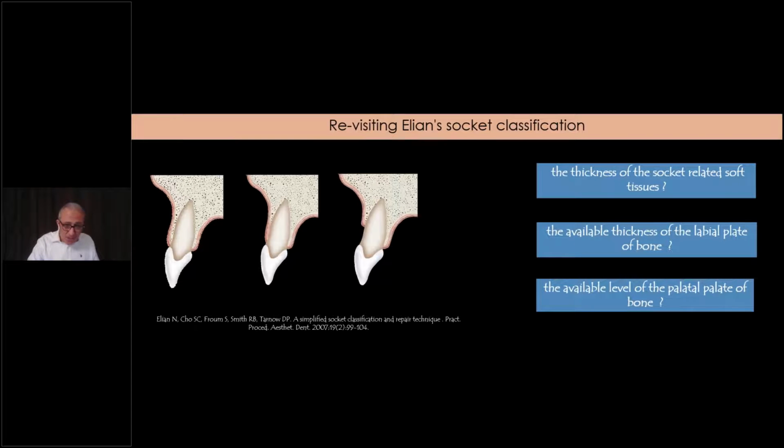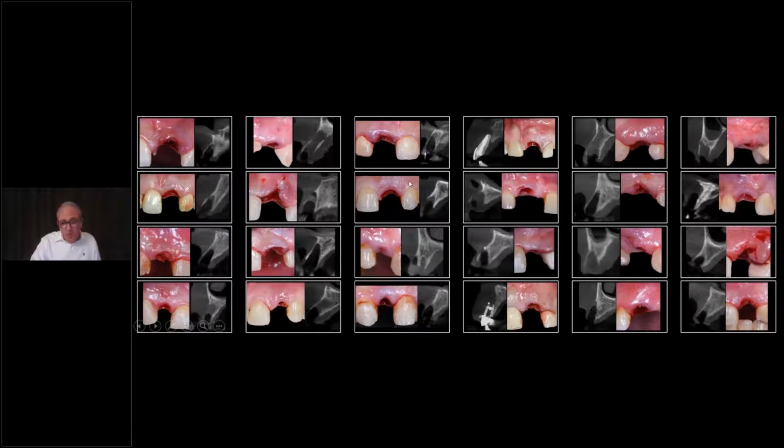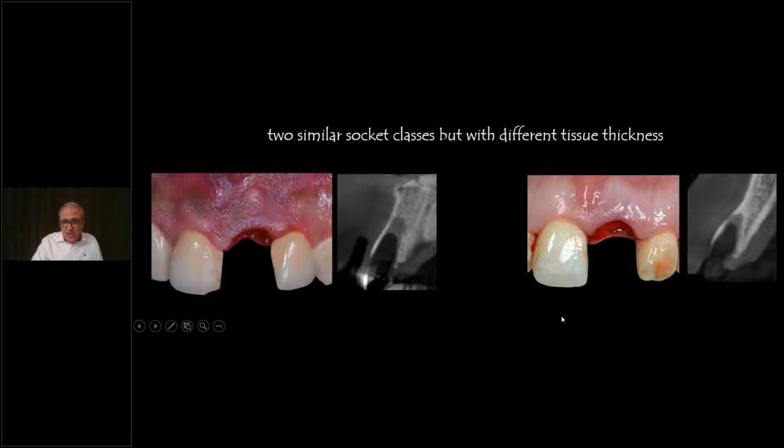We have so many sockets, as you can see here, so many sockets in the oral cavity that we really need to cover. As you can see, thick, hard, infected, soft, bone, whatever. And I believe that this is a class 1 socket with a very good intact labial plate of bone. But look, we have abundant keratinization here, and we don't have keratinization here.